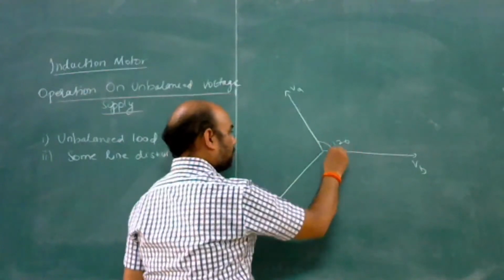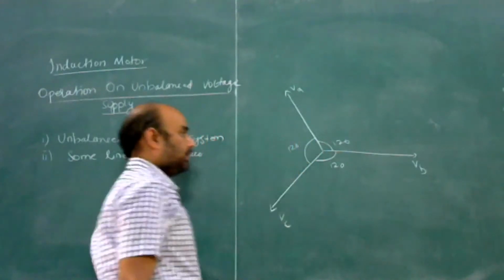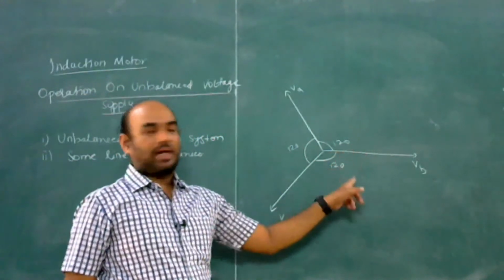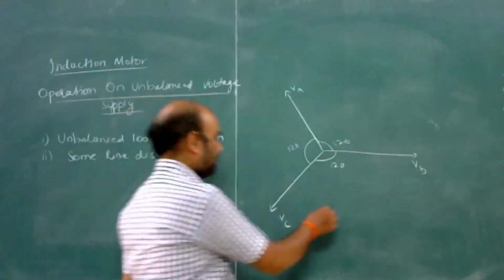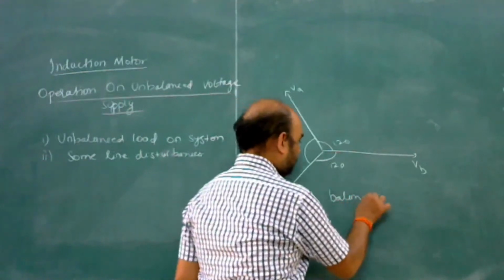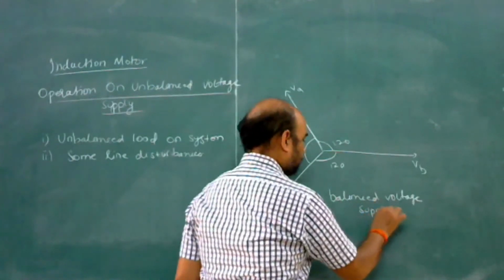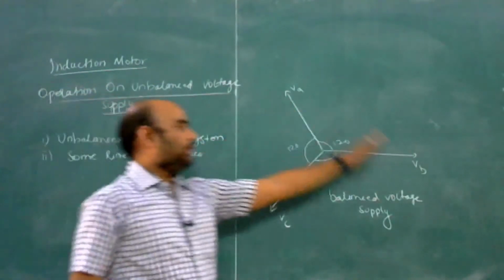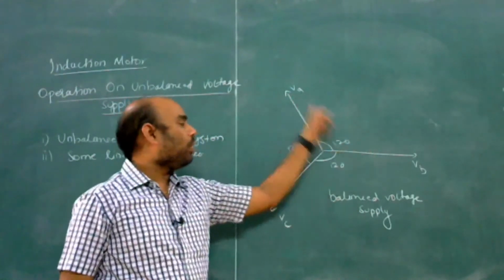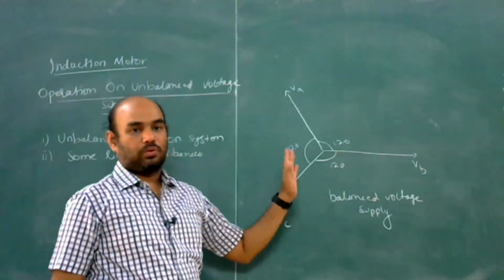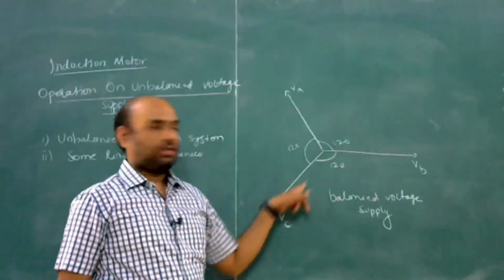A balanced voltage is when all three voltages are displaced by 120 degrees and the magnitudes of these voltages are the same.